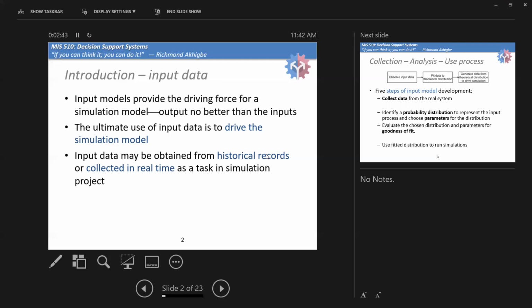So what do we do? We actually have to go there and collect data either through historical records or in real time. So what are we doing in our project? Which one of these, historical records or in real time? Sometimes the data is available through information systems. Like if you're modeling an ER, much of that data is already available on the hospital's information system.